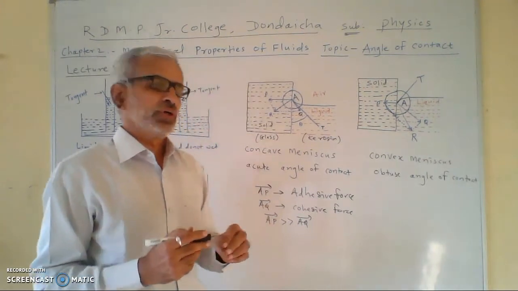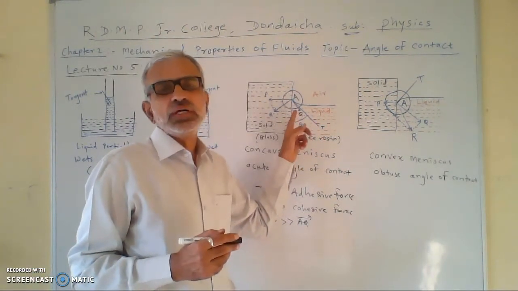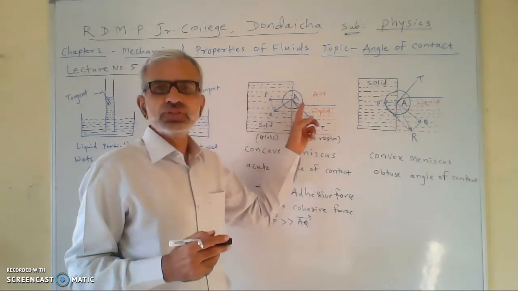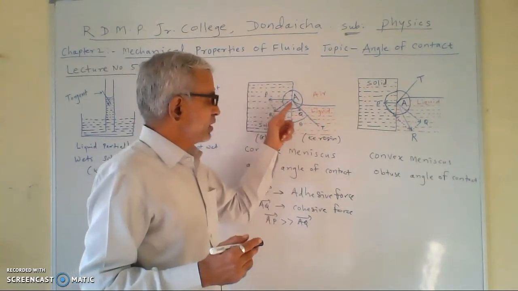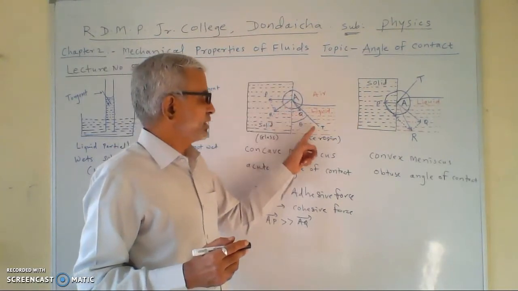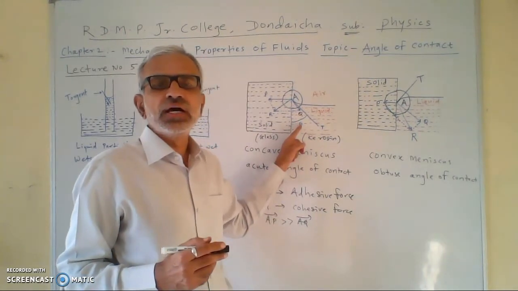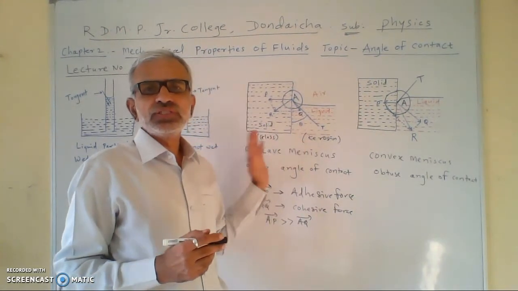Therefore the liquid surface in contact with the solid is a concave surface, and the angle which is formed is an acute angle. म्हणजे ही जी टँजंट आहे आणि हा सॉलिड सरफेस आहे याच्यातला जो अँगल असेल हा acute angle असेल. So this is the explanation.